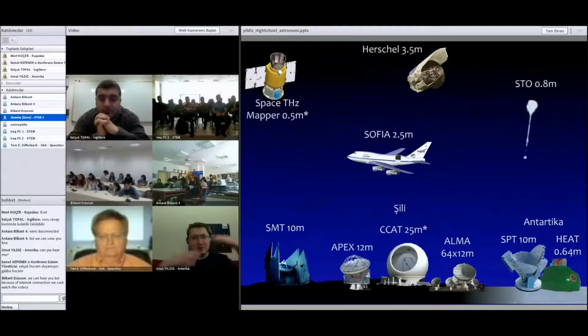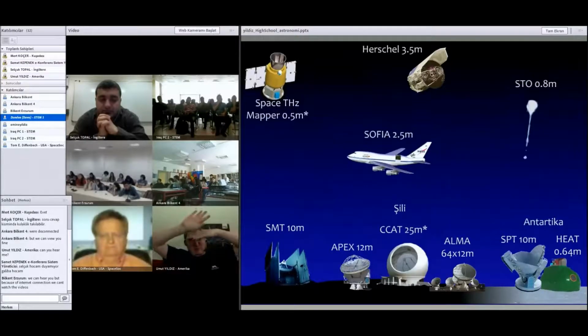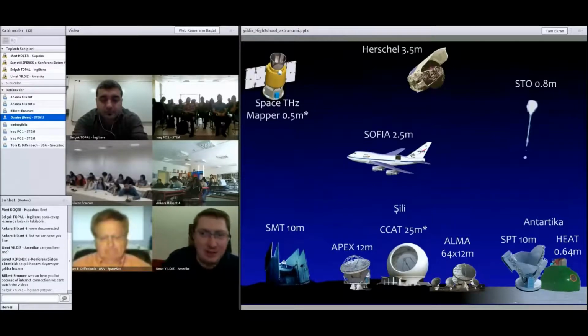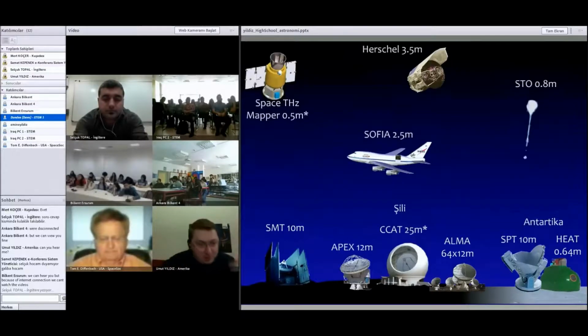That's why we need to take the telescope above the atmosphere, so that we can observe the stars or galaxies without the interference of the sky. And apart from space telescopes, there is, for example, STO, the Stratospheric Terahertz Observatory. It's a telescope inside a balloon.